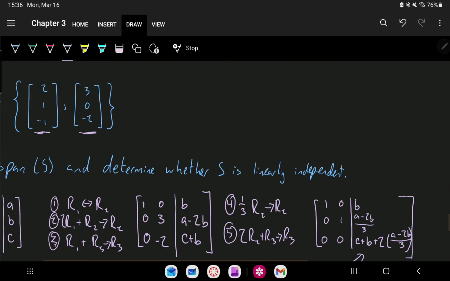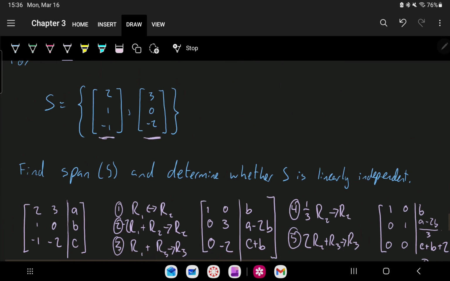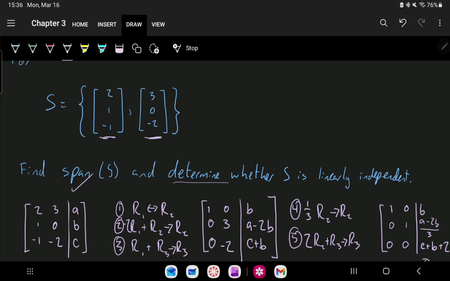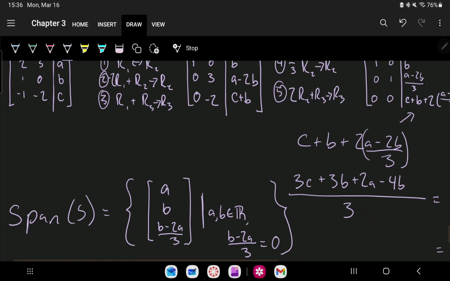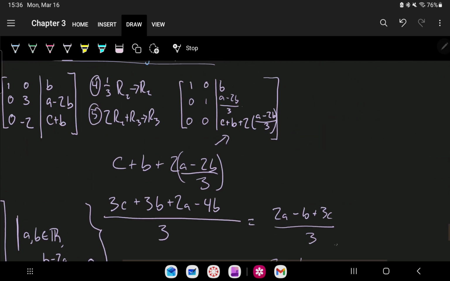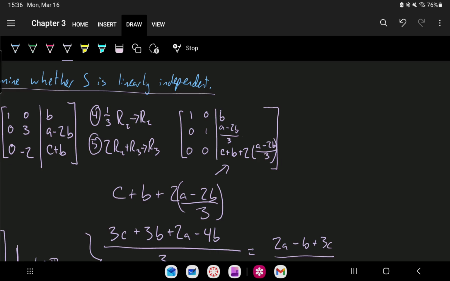So we have two parts of this question though, right? We found the span of S. We have not yet determined whether S is independent. It's a pretty easy task though. We do have this row of zeros. However, that's essentially saying that there's more than is strictly needed to describe this system.